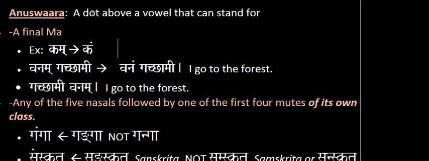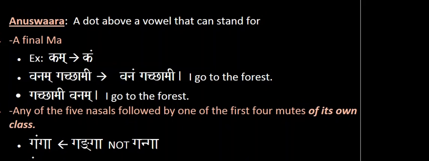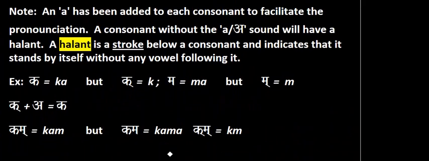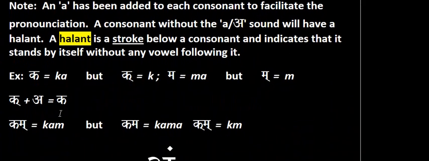But let's take a look. It says it's a dot above a vowel. Now, where is the vowel here? If you remember in the last video when we were going over halants, gum is actually a combination of the k syllable, a, and k and a is giving you ka.